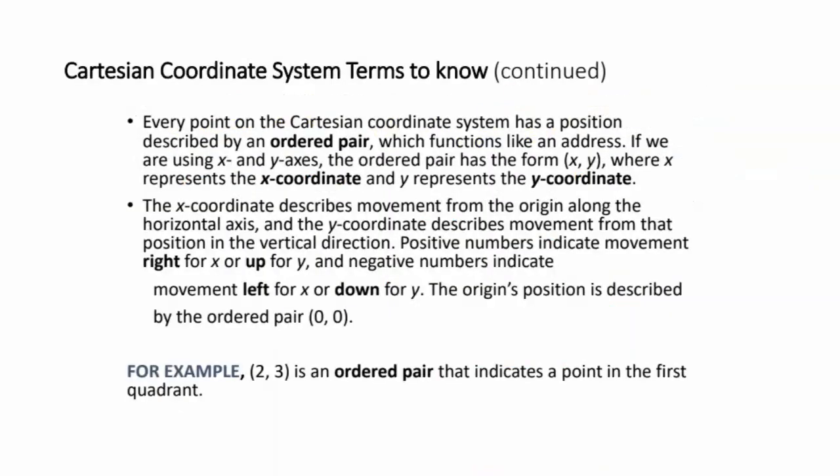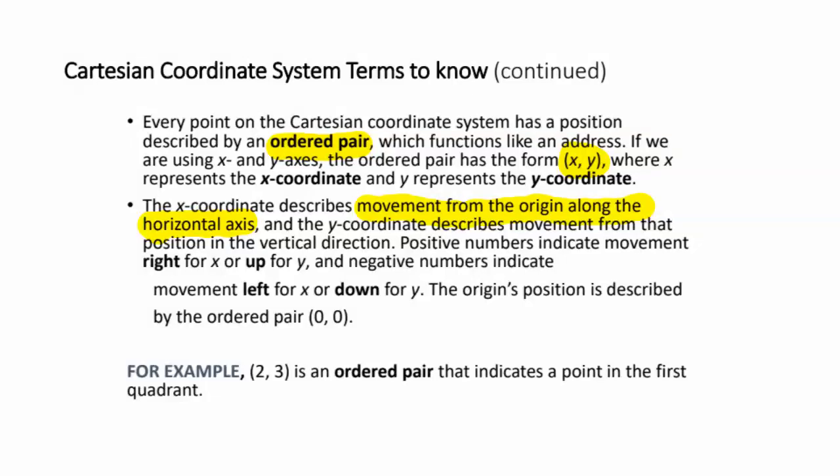And hopefully you are pretty well aware of that. Now, every point on this Cartesian plane is going to be described by an ordered pair. Now, that means that we have 2 numbers. The first one is always going to be the x, which means the x coordinate is the movement from the origin along the horizontal axis.